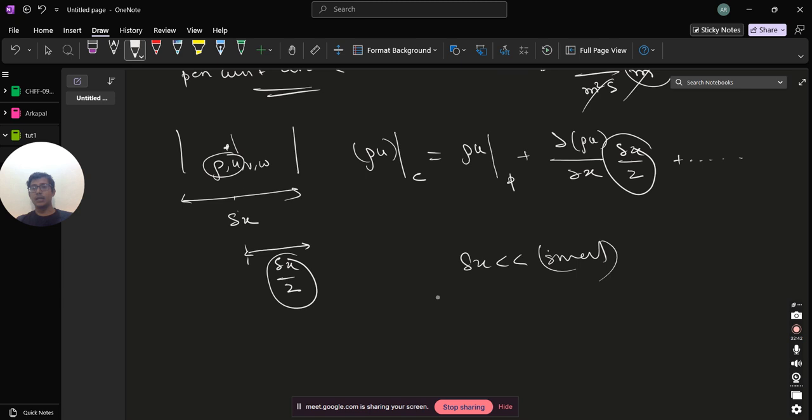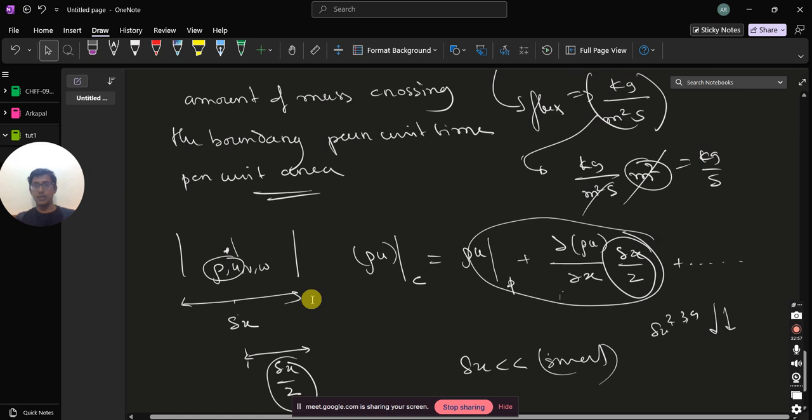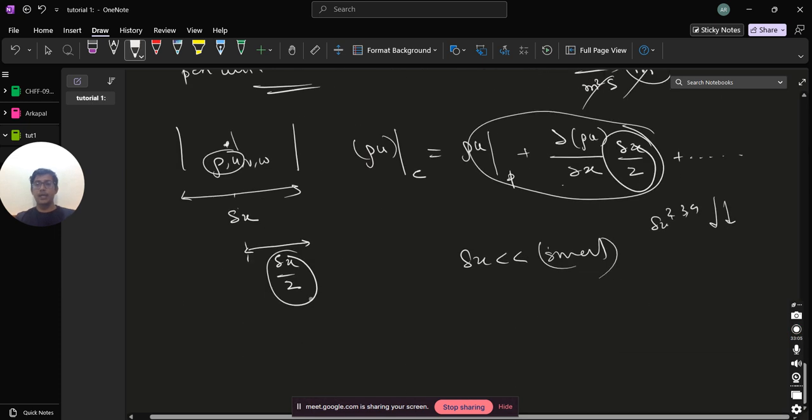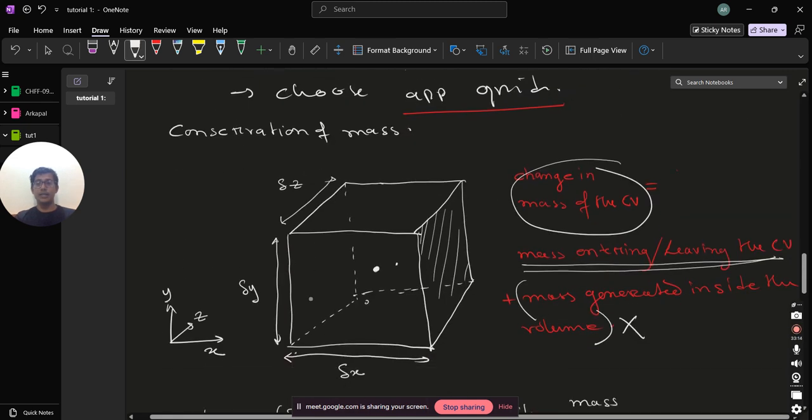So the delta x square, cube and to the power 4 terms become very small and negligible compared to these terms. So we'll only consider these terms. So you understand how we get the flux at this boundary. And to get the mass flow rate, we will multiply the area, which in our 3D case is nothing but delta y times delta z.